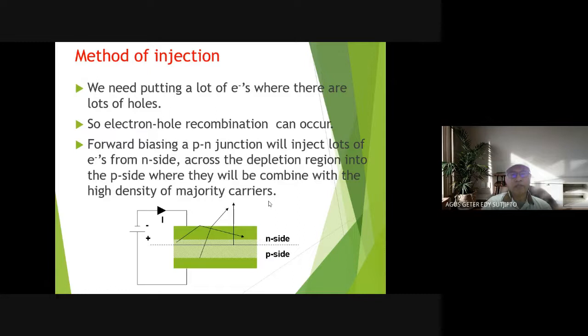So this is the illustration just now for the PN junction. When we apply the forward bias to the N side, there will be a recombination here. So they will have emitted light in this direction, and actually in any direction.